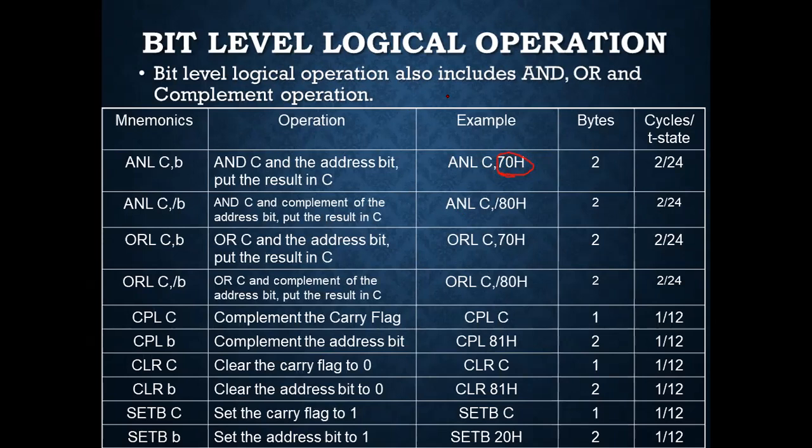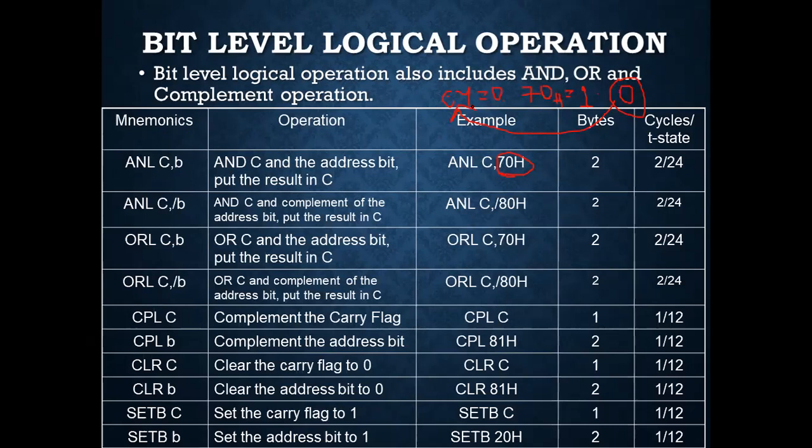Now suppose the content of the carry flag, that is CY, is 0, and the 70H memory location is 1. After the execution of the instruction, this 0 and this 1 will be ANDed. The result will be 0, and this 0 will be stored in the carry flag. Clear or not?